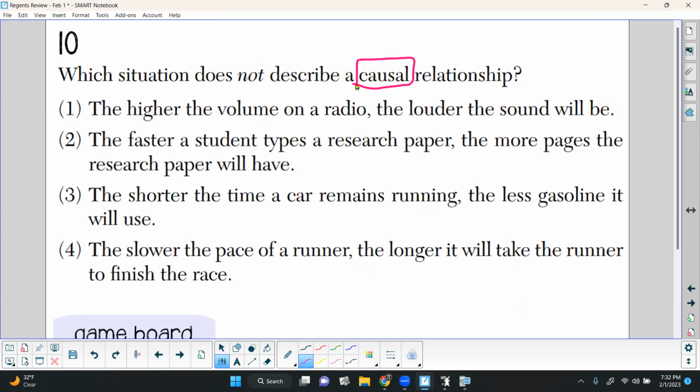Which situation does not describe a causal relationship? This word right here is causal, to cause. Which situation does not describe a causal relationship? All right, I'm going to be quiet. Let you read the options.